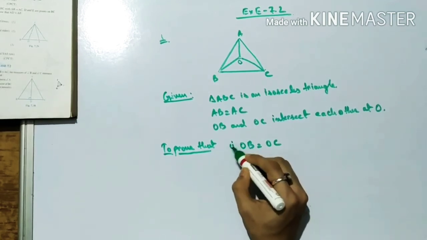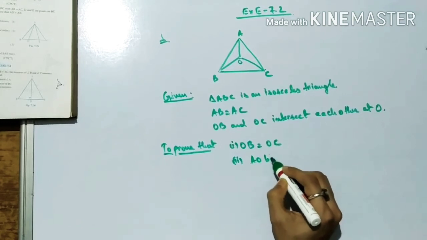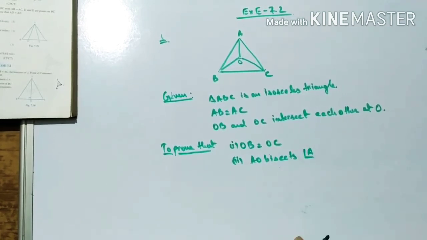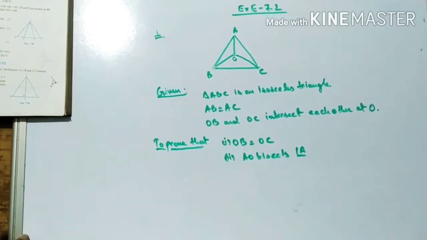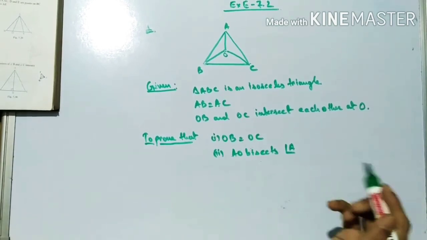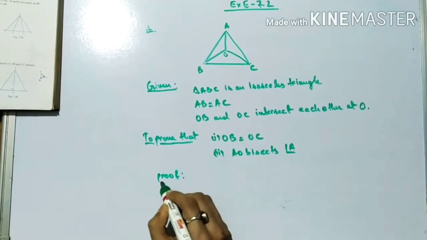This is our first proof, and the next I have to prove is that AO bisects angle A. These two things I will have to prove here. So now I will start the proof.